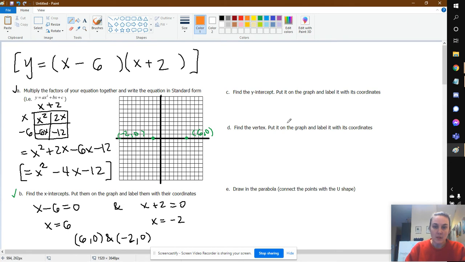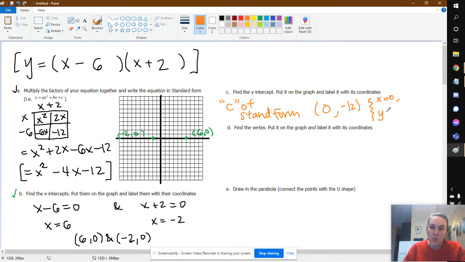Find the y-intercept. If we look in standard form, this is always the c of standard form. So I just know automatically it's negative 12 because I look at this standard form. If I wanted to calculate it, I would plug in x equals 0.